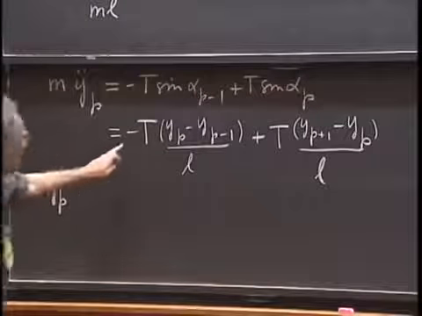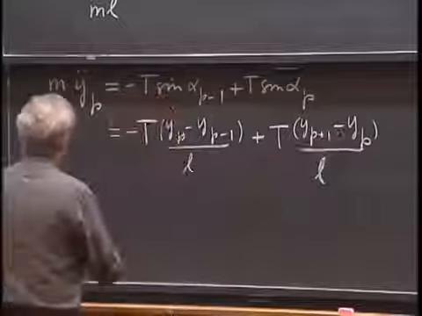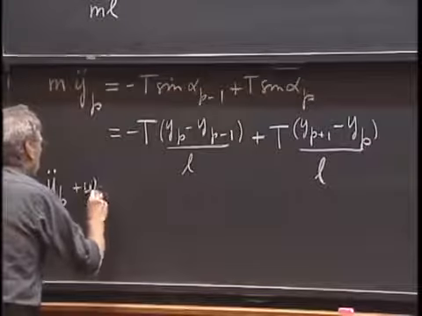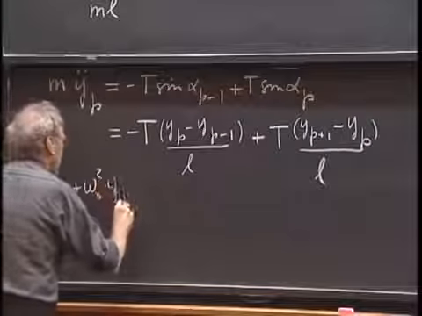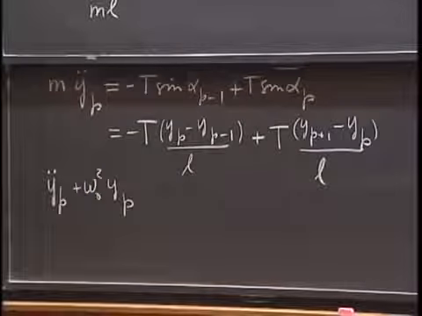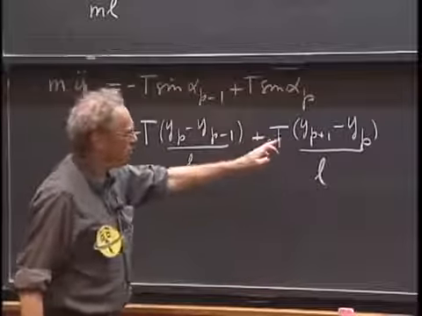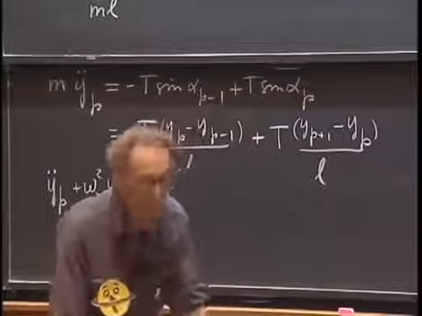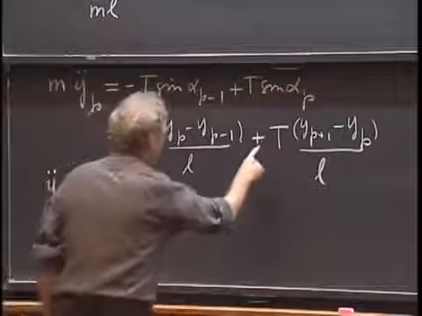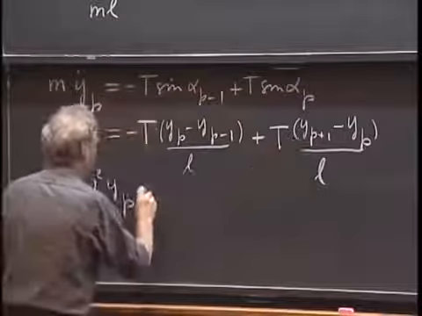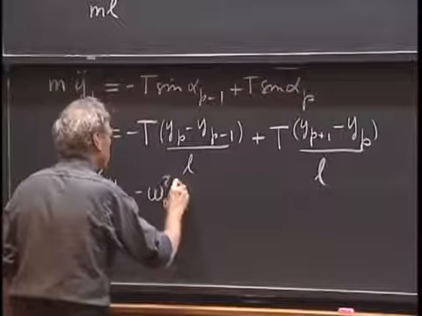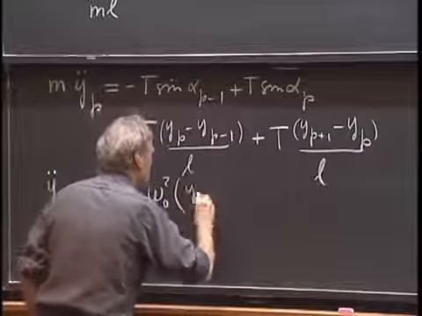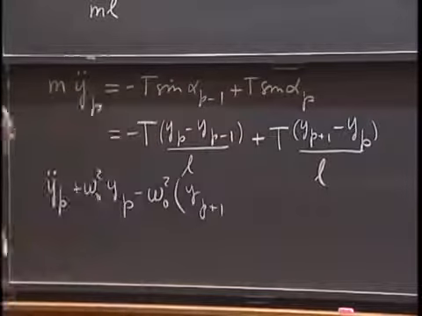I have a minus here and I have a minus here. So I get plus omega 0 squared times y of p. And then I'm going to bring the p minus 1 in, and I'm going to bring the p plus 1 in. Notice I have a plus sign here. So I get minus omega 0 squared times y p plus 1.